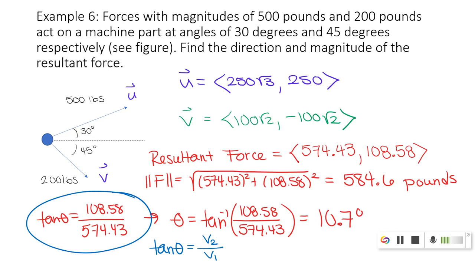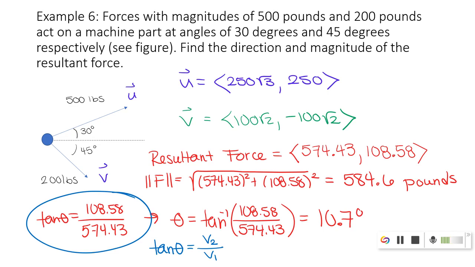I'm going to have to use a calculator to solve this. I used the inverse tangent button on my calculator, taking inverse tangent of that fraction. I decided to put my calculator in degree mode because all of the other angles are given to me in degrees, so it makes the most sense to answer this in degrees.